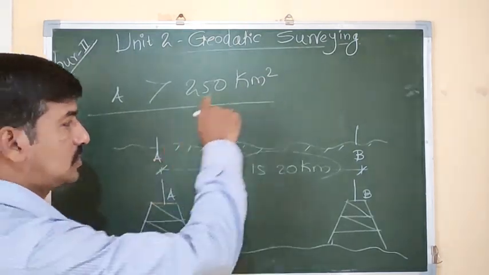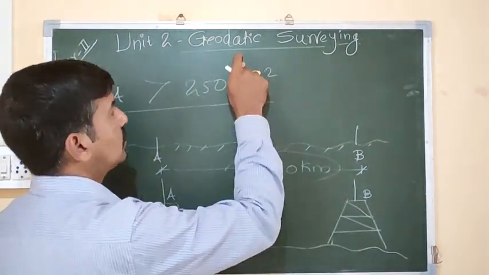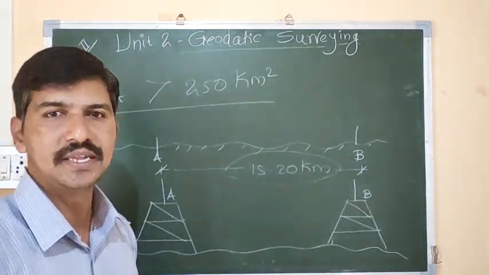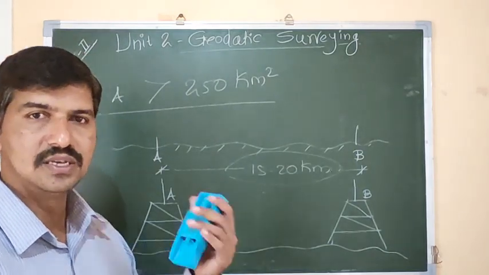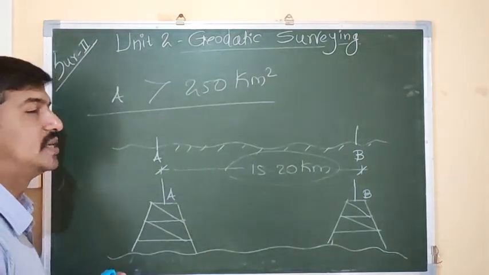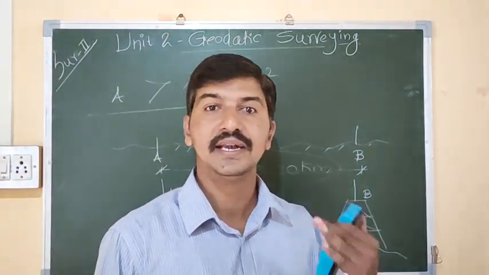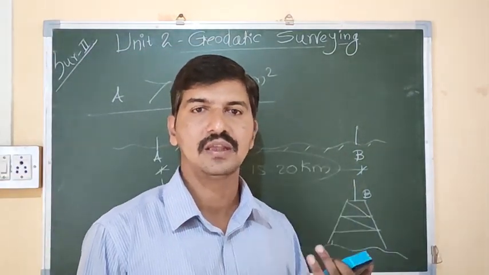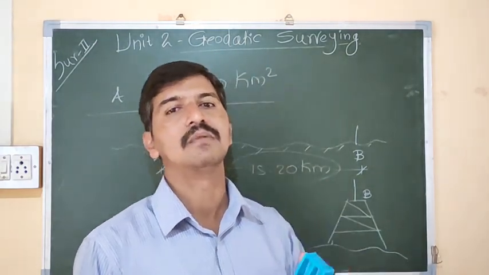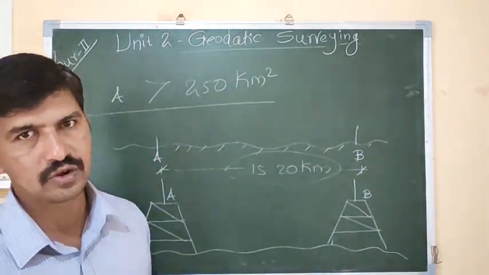Okay, so this whole thing is called your geodetic survey. Second year, in 1945, we have a topographical map. What is a topographical map?